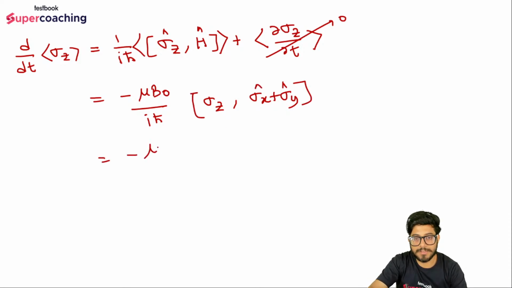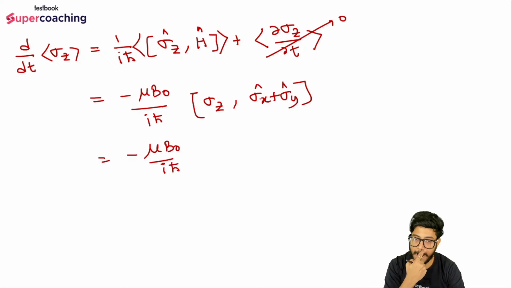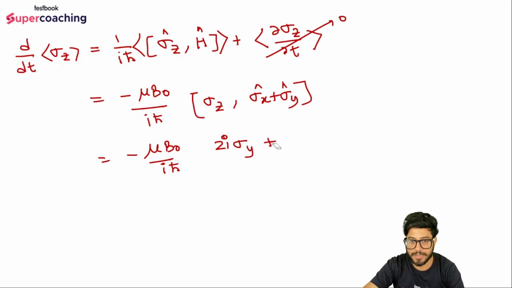So minus mu B naught by i h cross times the commutator of sigma z with sigma x gives you 2i sigma y. Sigma z with sigma y gives you minus 2i sigma x.